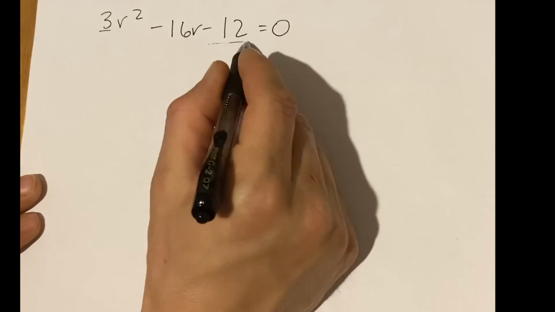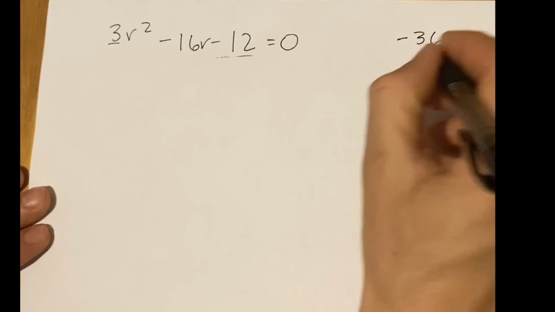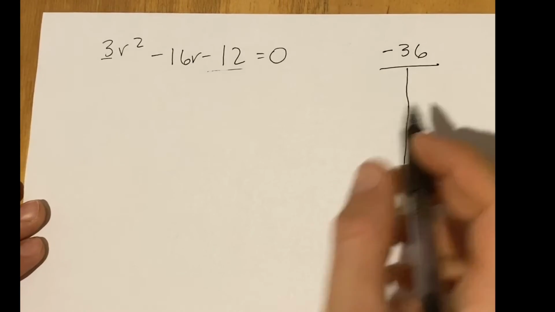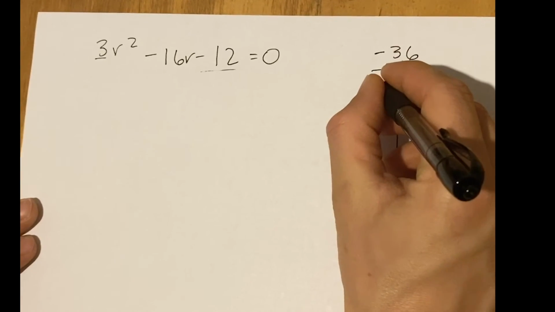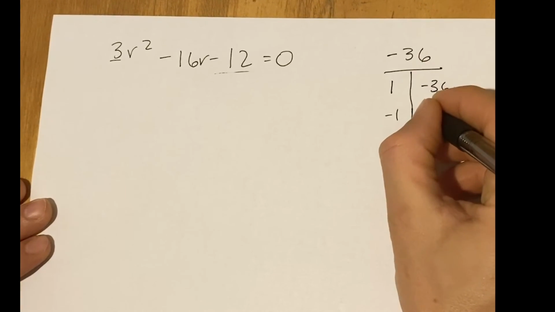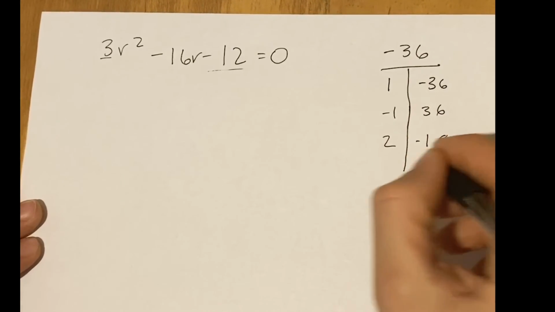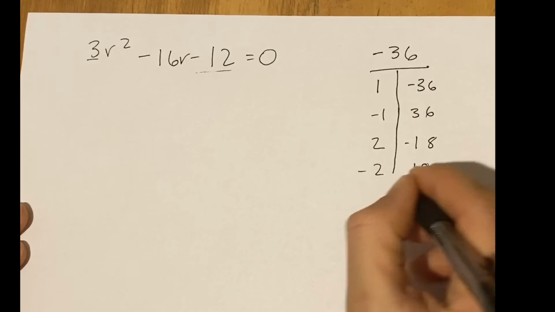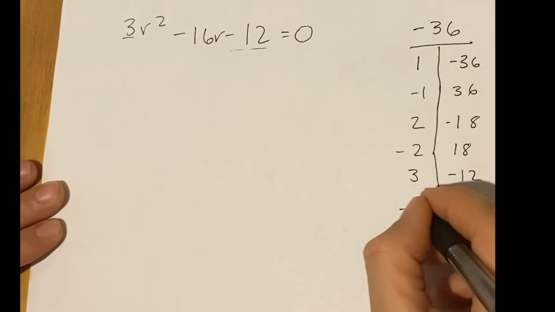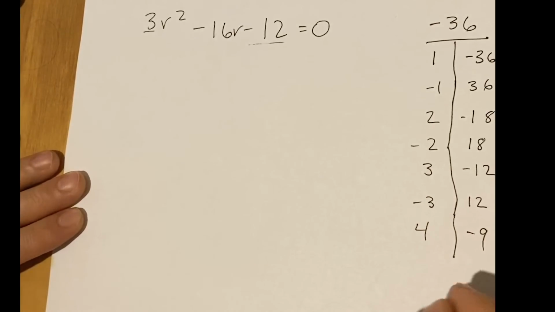We take 3 and negative 12, and multiply them together to get negative 36. Now we factor negative 36, and we get 1 and negative 36, negative 1 and positive 36, 2 and negative 18, negative 2 and positive 18, 3 and negative 12, negative 3 and positive 12, and 4 and negative 9, and we can keep going.